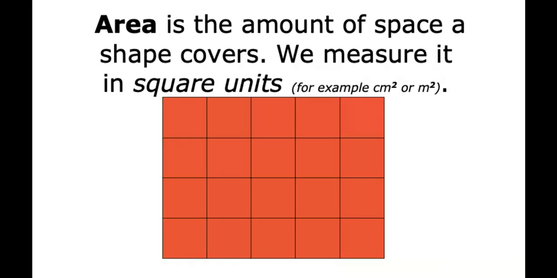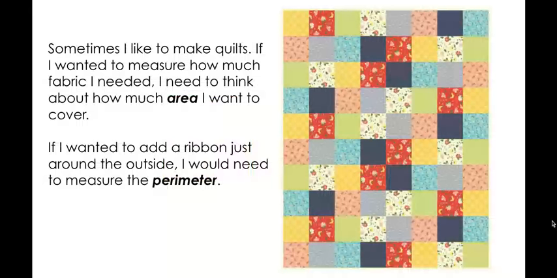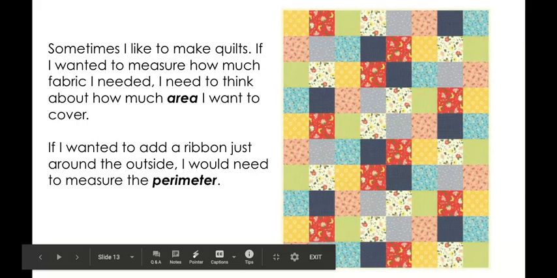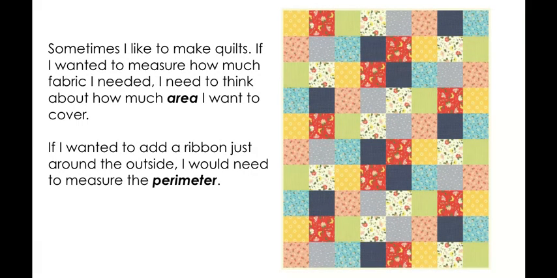Today, I want you to continue to think about this idea between measuring in 2D and measuring in 1D. Let me go back here. So sometimes I like to make quilts. Here's one more example. If I wanted to measure how much fabric I needed, now a quilt is a blanket to keep you warm. It's getting cold outside. If I wanted to measure how much fabric I needed, I need to think about how much area I want to cover. After all, a blanket that is just like a string isn't very helpful.